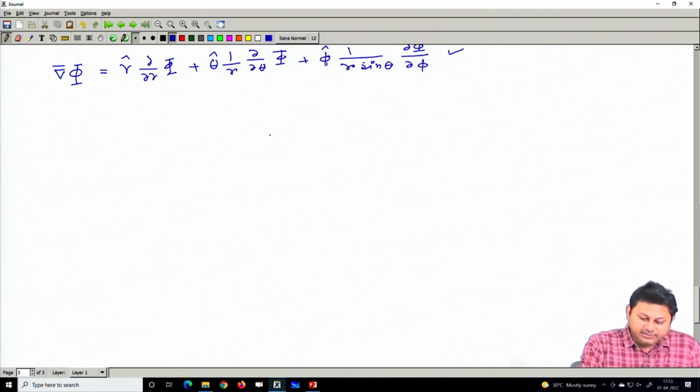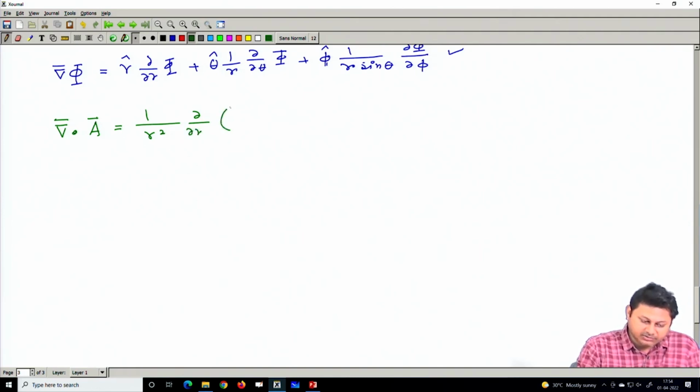What about the divergence? A vector field, say A. So, it is 1 divided by r squared del r of r squared A_r, a complicated kind of thing, because of the scaling factor we are having here. The scaling factors are not equal to 1.